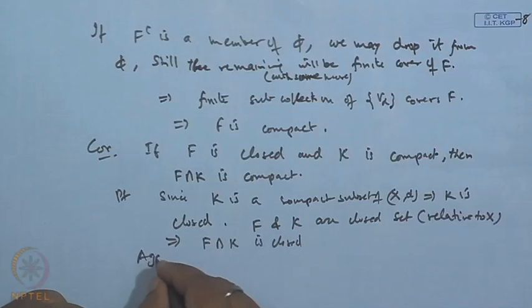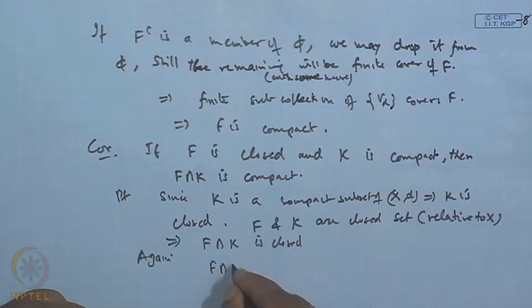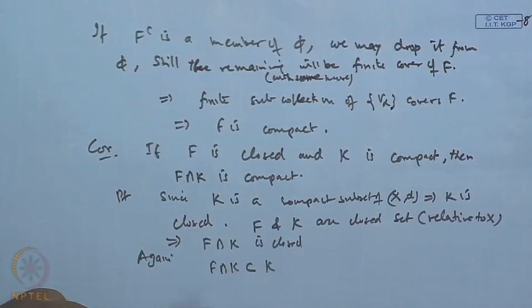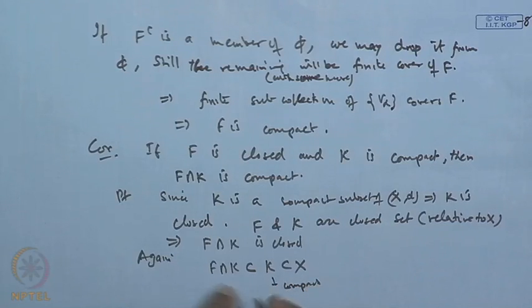Again, this intersection F intersection K is totally contained in K, which is contained in X. K is compact. So every closed subset of a compact set is compact.